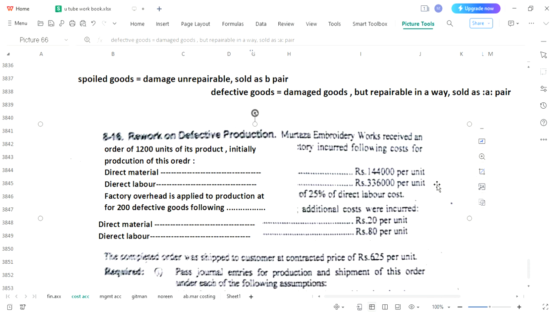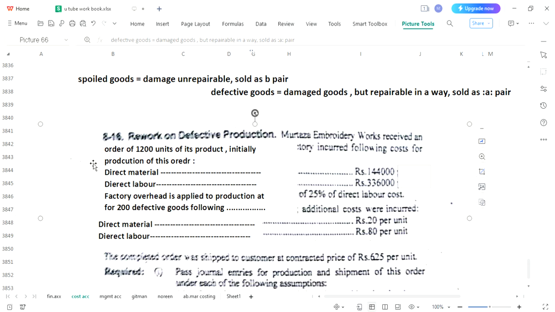It is rupees 144,000 and 336,000. So mind it, it's not per unit. It has been written by mistake, so we are going to remove this. Sometimes it happens, though this book has been published for several years, and my experience is that mistakes are never removed from here.